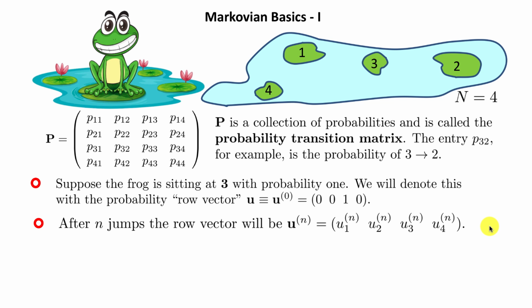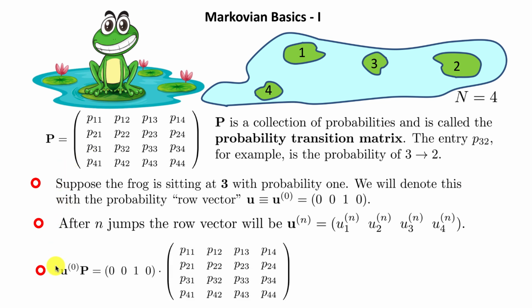Well, now let's see how matrix multiplication works out for this particular row vector and this probability transition matrix P. So, suppose that we multiply U0 with P from the right, then we have 0, 0, 1, 0 times this matrix, and now you know what the rules of matrix multiplication will give you.